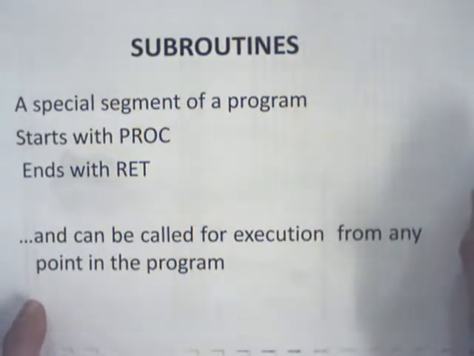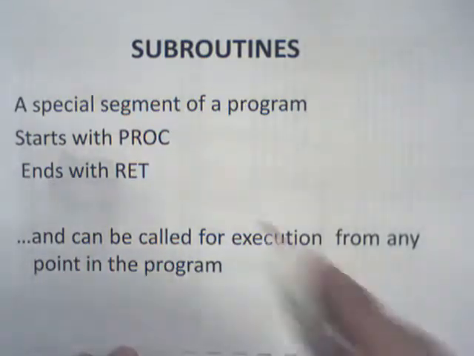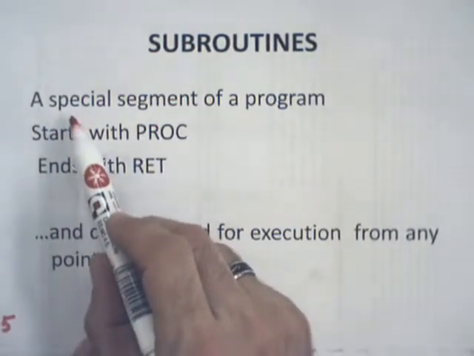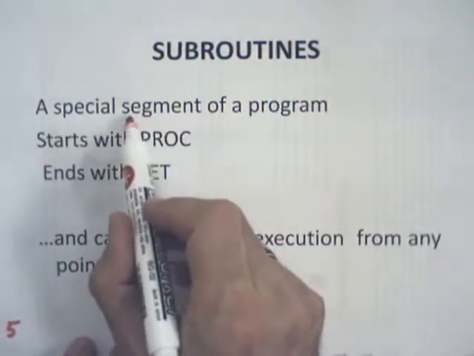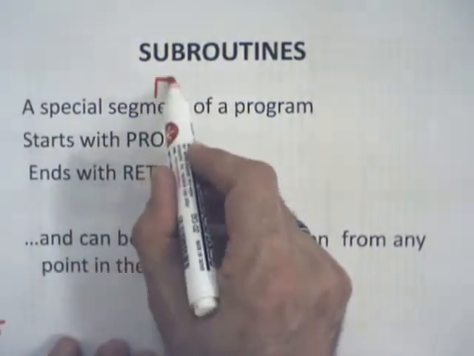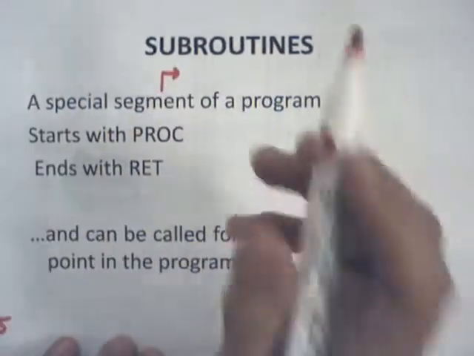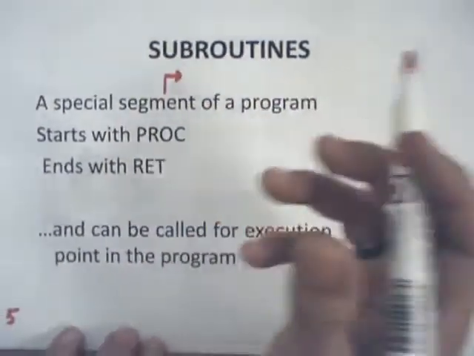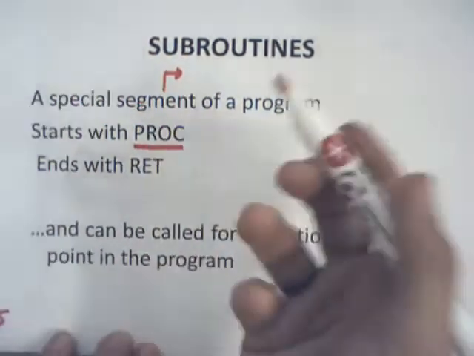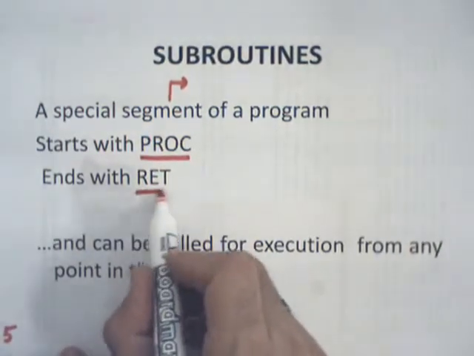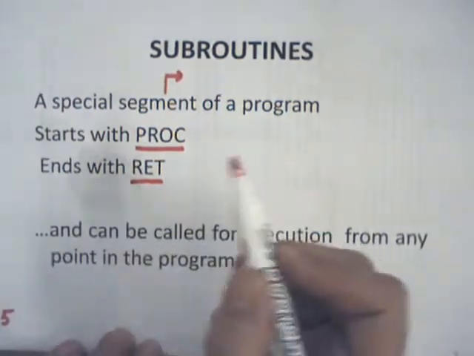In our scope of the microprocessors and associated assembly language, subroutines are defined as a special segment of a program. Well, segment does not mean that it should be 64 kilobytes long. No, a segment is a part of the program. A subroutine starts with procedure, the 4-letter proc, and ends with return, the 3-letter ret.